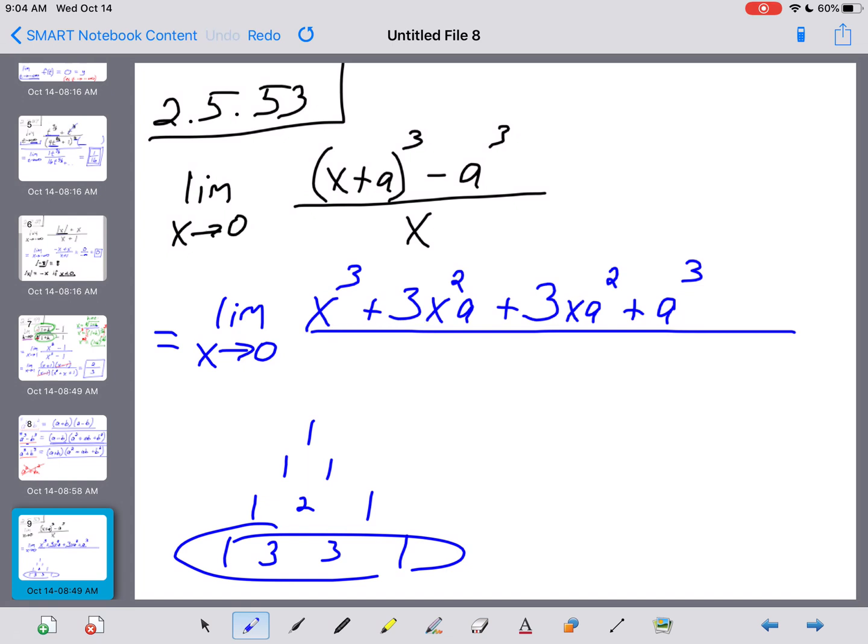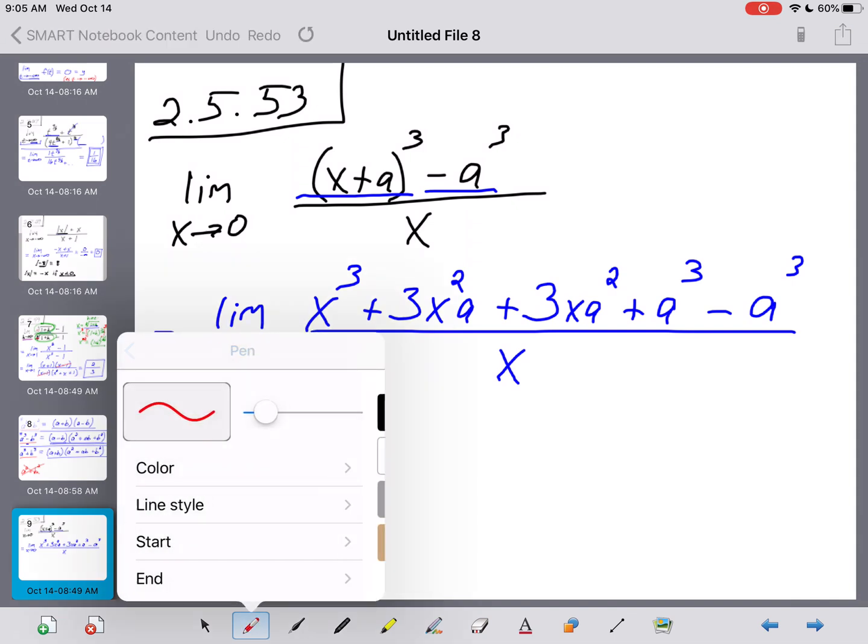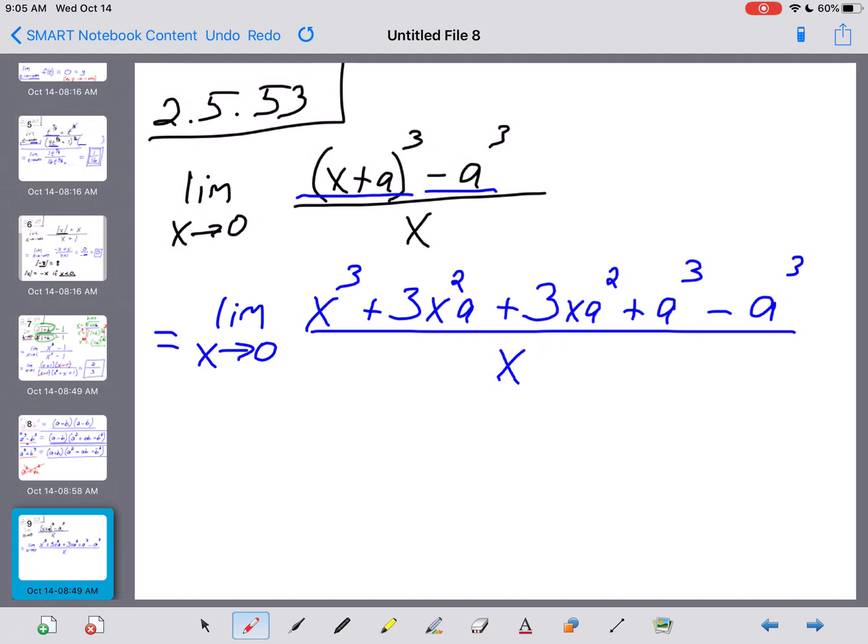All right, let me get rid of all that junk though. So all we have in the numerator now is the expansion of x plus a cubed, but there's still this minus a cubed at the end of it. And I think you see already what's about to happen with an x on the bottom. I can't stress this enough because this is really important to realize. Everybody sees right away that the last two terms in the numerator are going to cancel: the plus a cubed from the end of the expansion, and the minus a cubed at the end of the numerator.